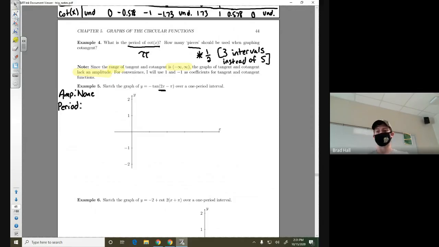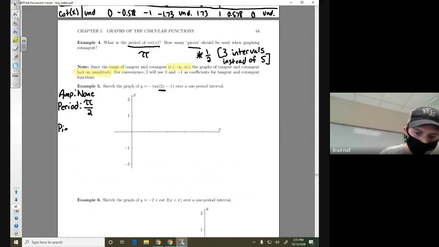Because the original period is now pi. So notice that's no longer 2 pi. That is on purpose. It's because that's what happens when we deal with tangent and cotangent. So really, there's nothing to do there. So that is the period. We do not have 2 pi here anymore for tangent and cotangent.